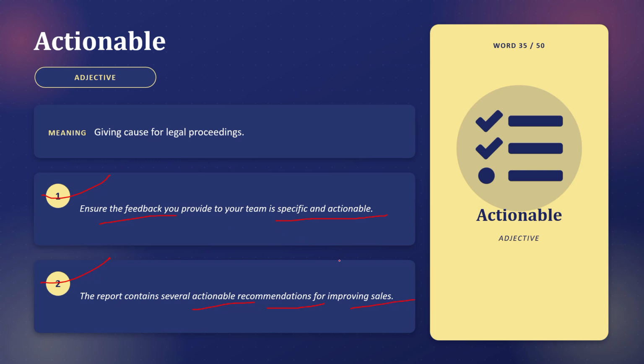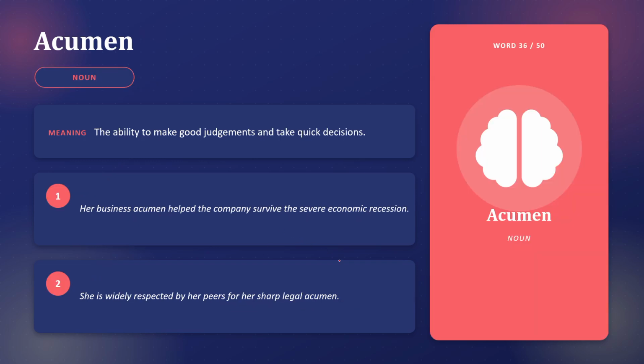Clear? Next, acumen. The ability to make good judgments and take quick decisions is acumen. It is the gray matter of the brain. First example: her business acumen helped the company survive the severe economic recession.